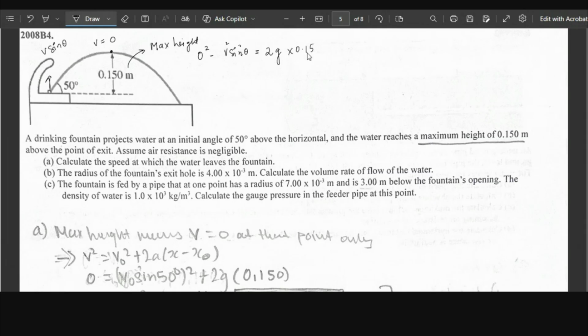We take the vertical component because we're dealing with maximum height. So v squared sine 50 degrees whole squared equals twice 9.8 times 0.15. You just have to solve the values and you'll have the velocity.